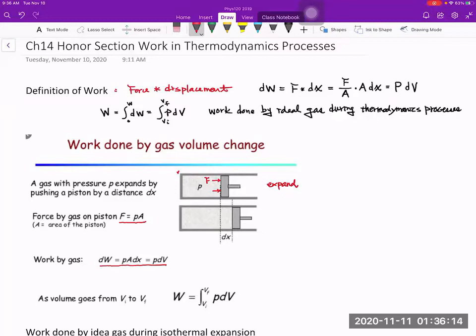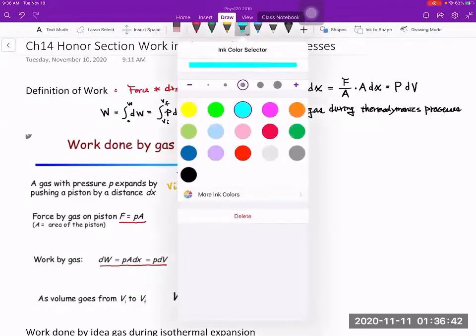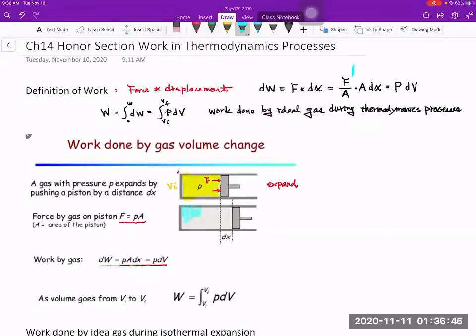That is the change of the volume from the initial V_i, which is this much volume, to V_f, which represents the volume of this much, because it expanded.